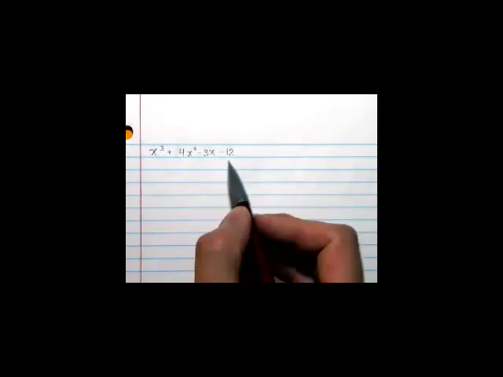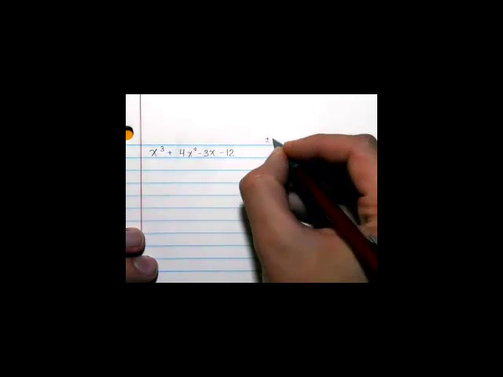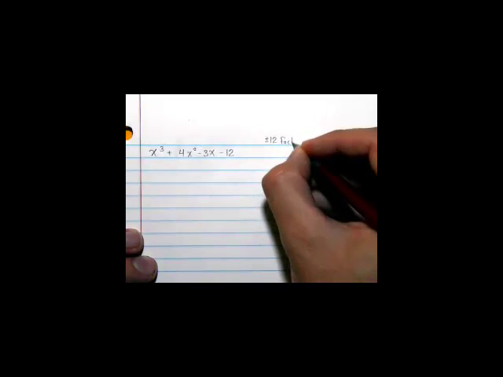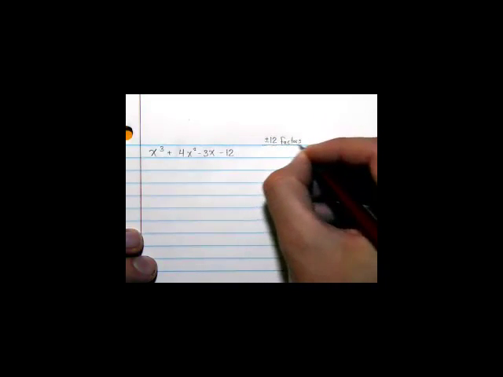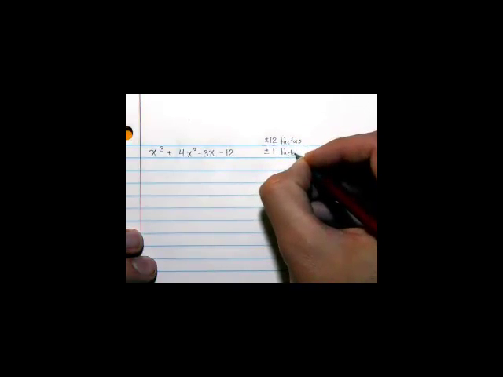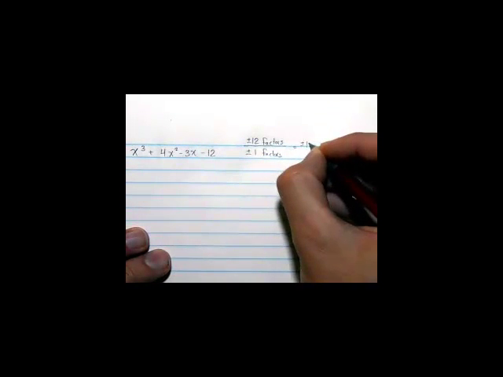Okay, so it's going to be factors of 12 divided by factors of 1. Okay. So what that's going to get us as far as numbers we need to test, I'll just list them off for you here.